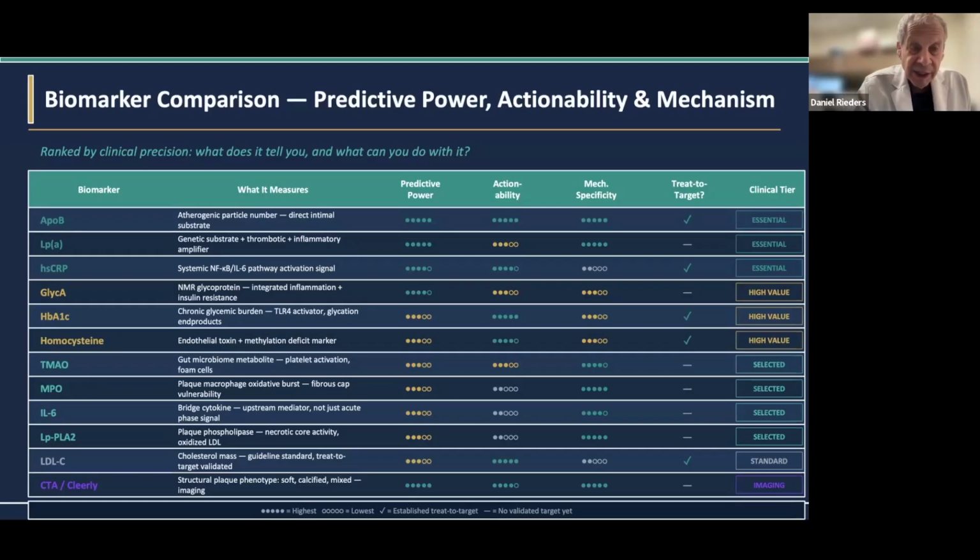So is an hsCRP. And then there's things such as homocysteine, TMAO, myeloperoxidase, interleukin 6, Lp-PLA2, which shows plaque inflammation more specifically than an hsCRP. It's more toward the target. And then near the bottom is LDL-C. All of these tests are more predictive of heart attack and strokes and can be treated and are metrics to see if we're winning or losing.